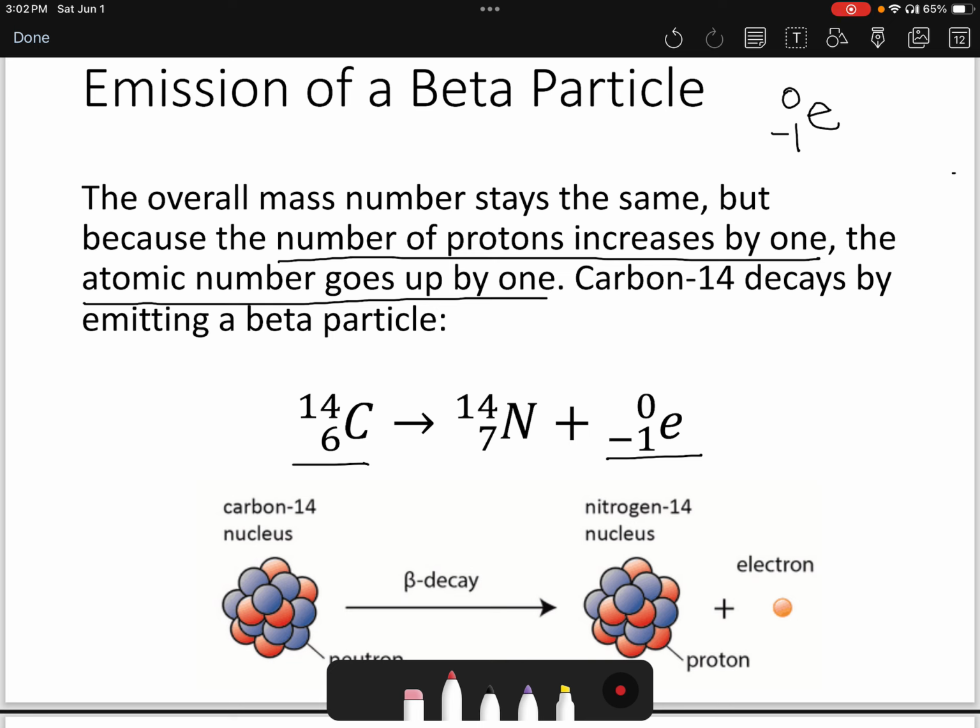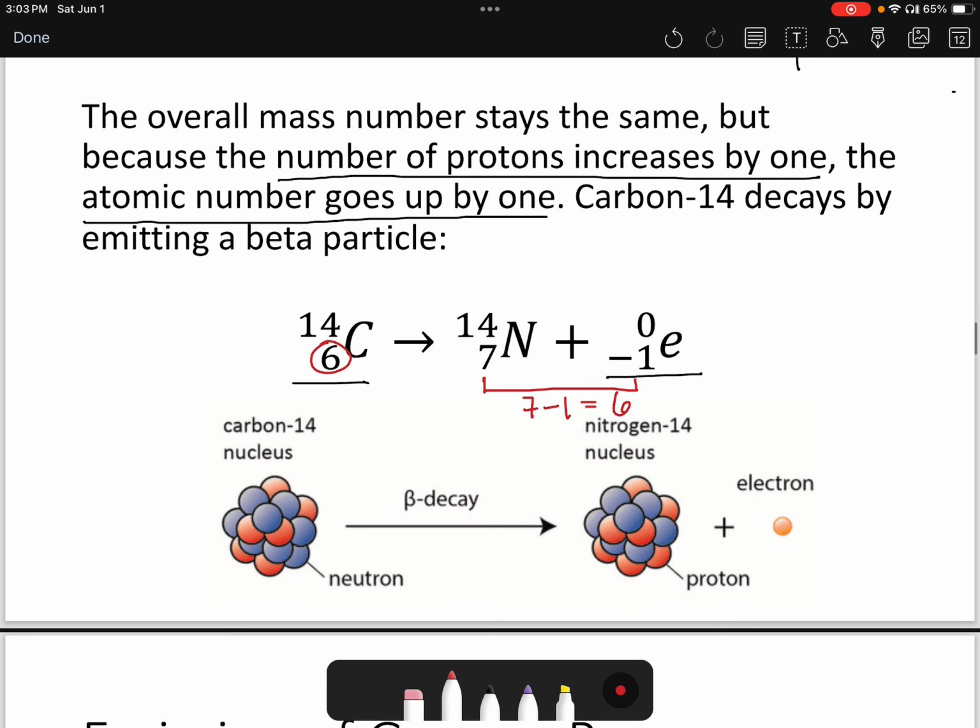So our new atomic number is 7, because 7 minus 1 is 6, and that's our original atomic number. So again, in beta decay, one of carbon-14's neutrons turned into a proton, and we emitted an electron. So kind of an interesting reaction, right? Feels like it's made up, but there's a lot of studies that show this is what happens.